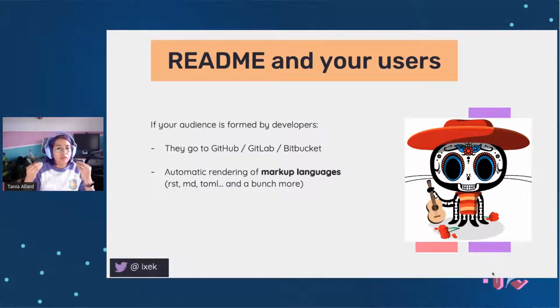Whenever you go to a repository that contains the source code for a given project, that is the thing that welcomes you. That is the first thing or the first information that you're going to see. And this is not a coincidence. This is completely intentional. This is so that folks actually go and read that document and get onboarded.